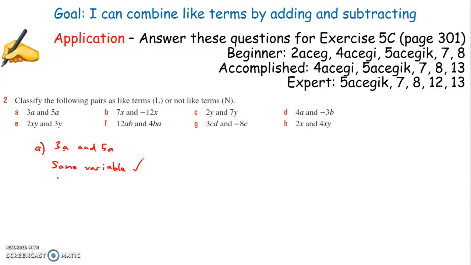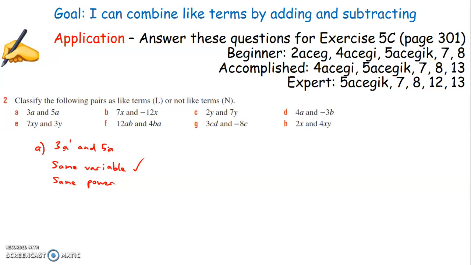And the second thing they need to have is that these variables need to have the same power. So the letter A in 3A, now remember, power is the number that is at the top of these letters. At the moment, we don't see any number at the top, right? And that means that it has a power of 1.